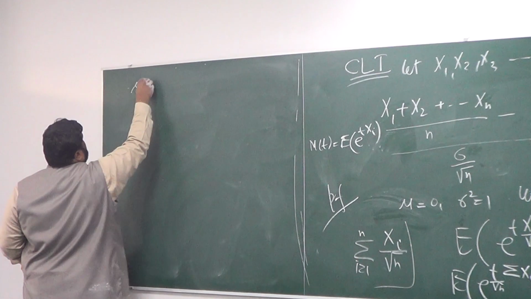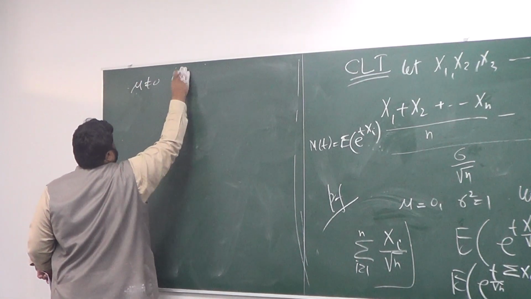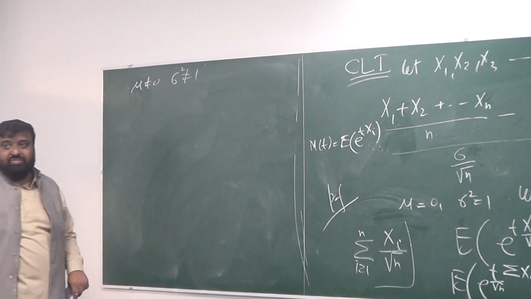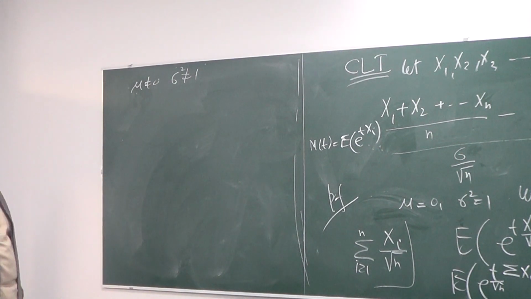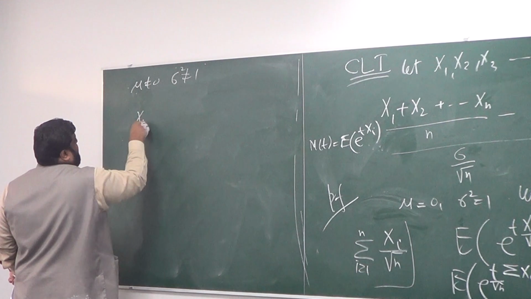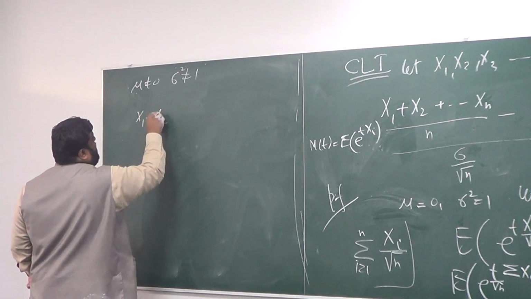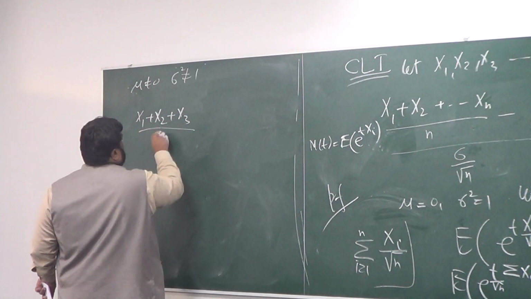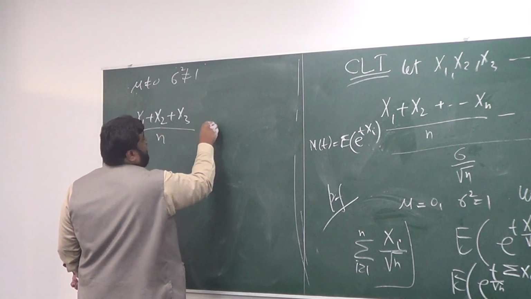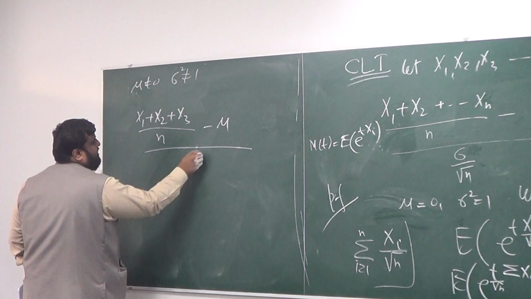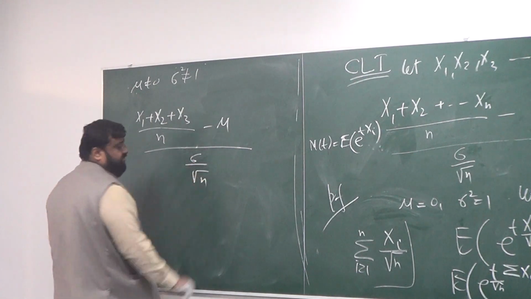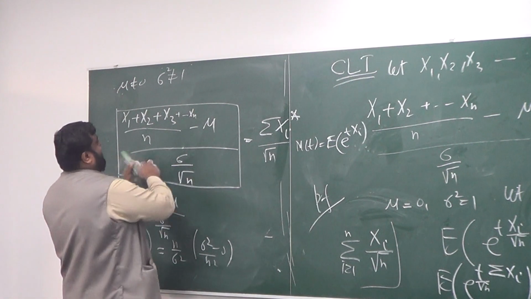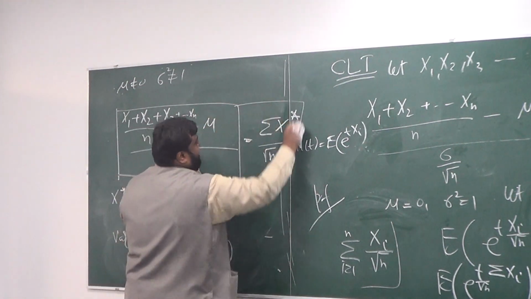How about if mu is not 0 and sigma is not 1? In other words, you have this generic case. Then consider this: x1 plus x2 plus x3 over n minus mu, over sigma over square root of n. You have an ideal thing in front of you.